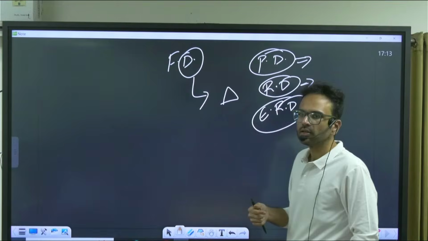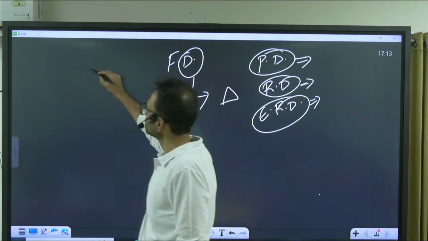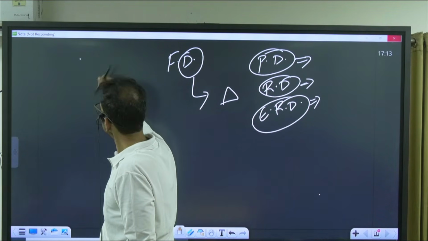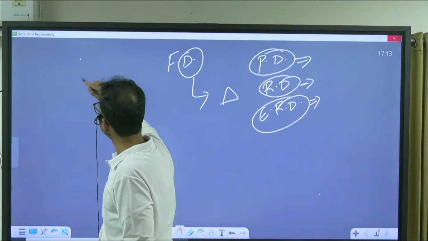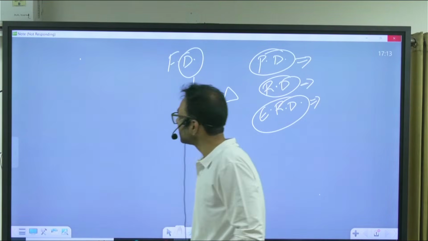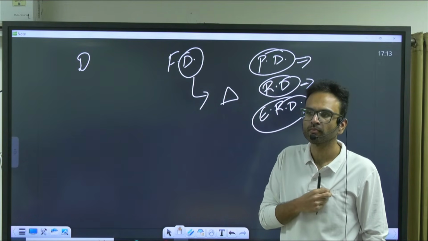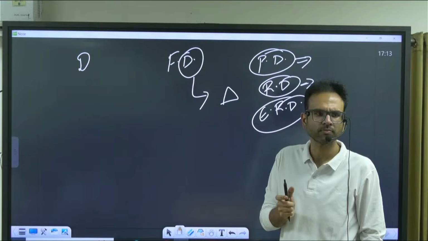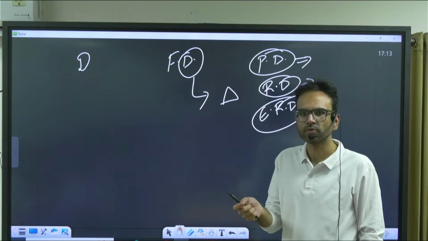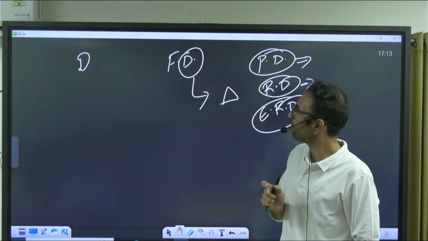In this chapter, what we are focusing on is debt sustainability. What do you mean by debt sustainability? You're taking a loan and you want to take another loan. How much of it can you afford?